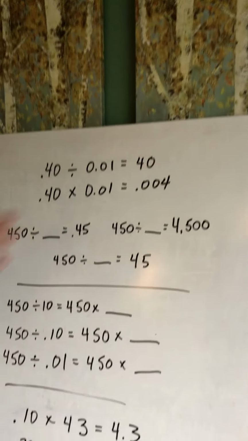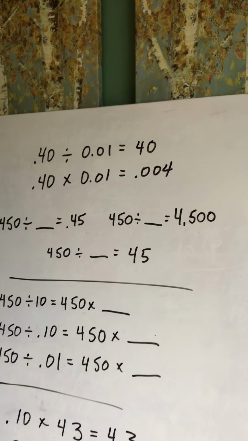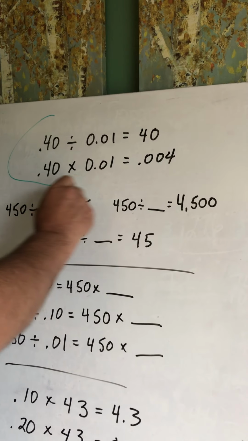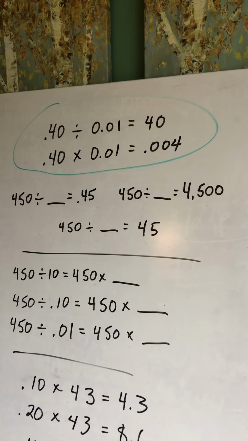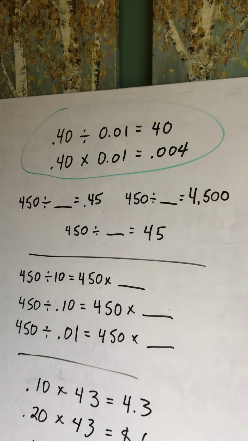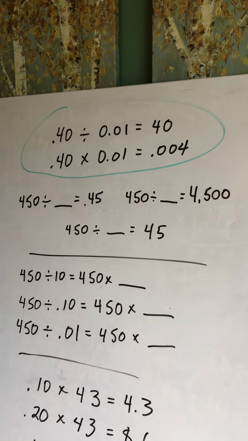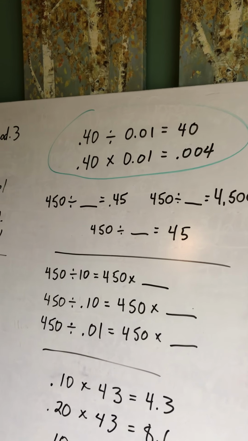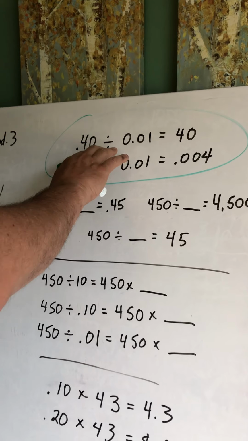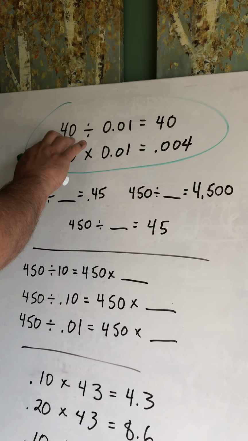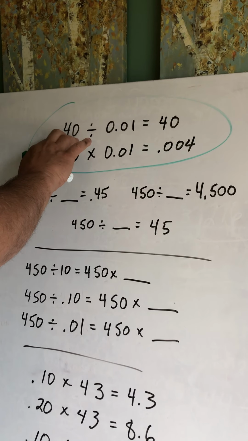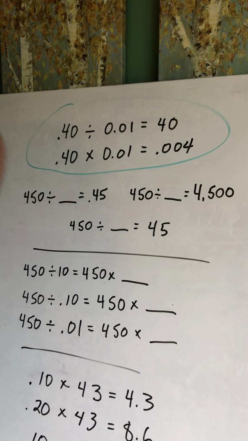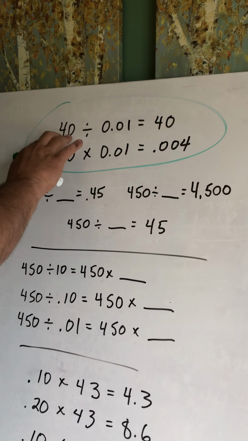All right. So then in the book, it just mentioned these two equations right here. So we've got 0.40, and you also know that as either 40 hundredths or 4 tenths, because they are equivalent, okay? But if you're thinking of, for instance, a candy bar, you've got almost a half, right?